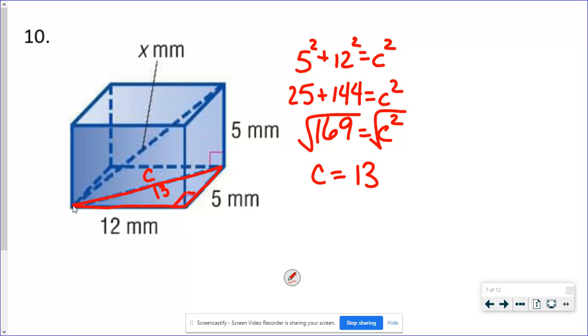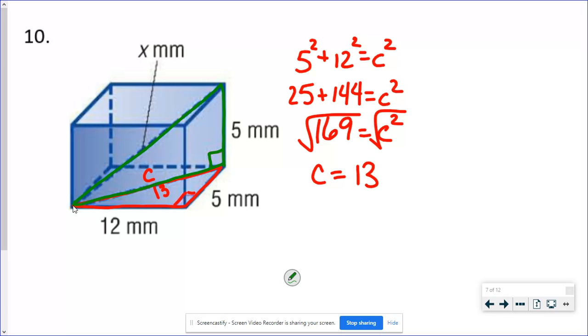Now, when I look at the triangle that uses this 13 that we just found with the height of this rectangular prism, which is 5, that will help me find X. And again, they show that this is a right angle right here.